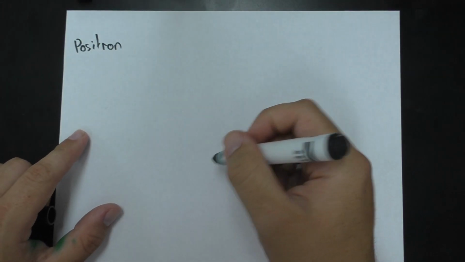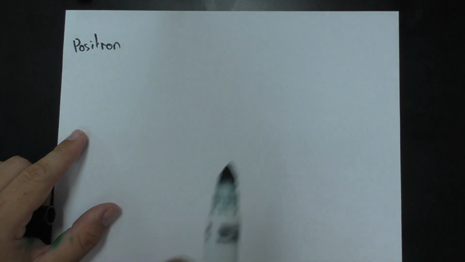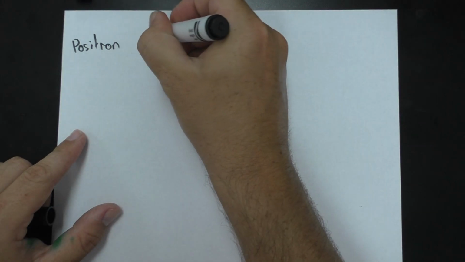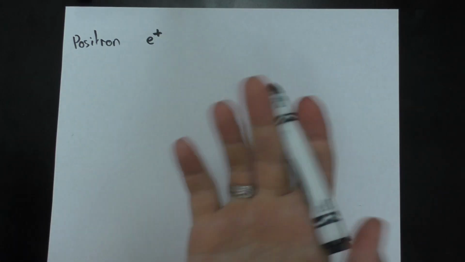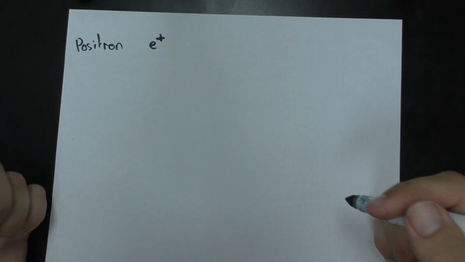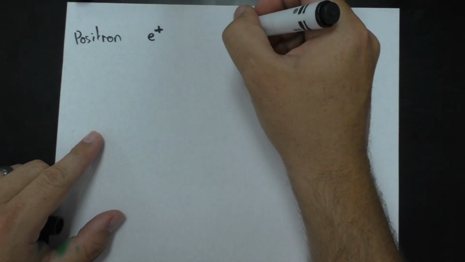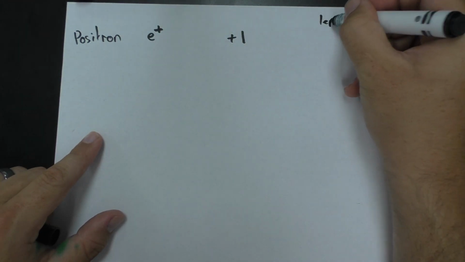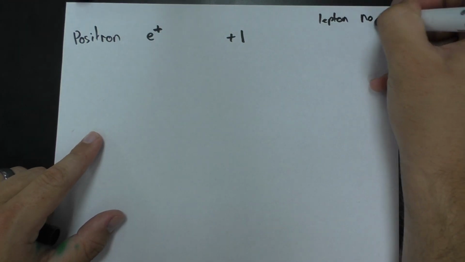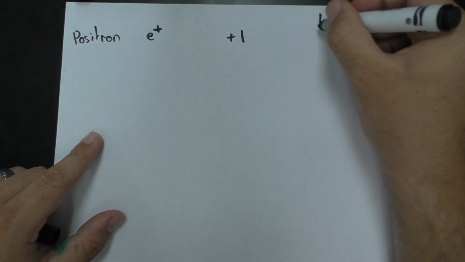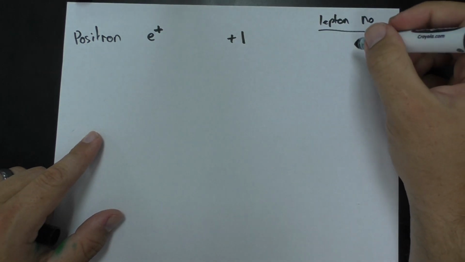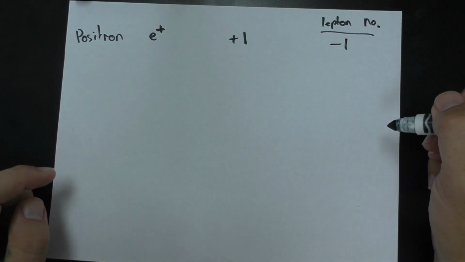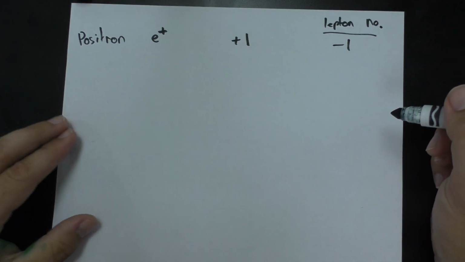So a positron is the opposite, the antiparticle of an electron. Symbol e+. It's a positron. It's not an electron, it's a positron. Guess what its charge is? +1. Guess what its lepton number is? Everything is an opposite in an antiparticle. The lepton numbers were 1 before. Guess what? -1.